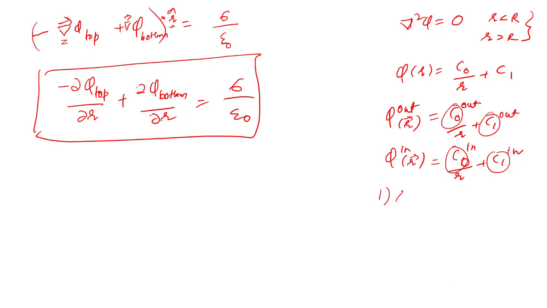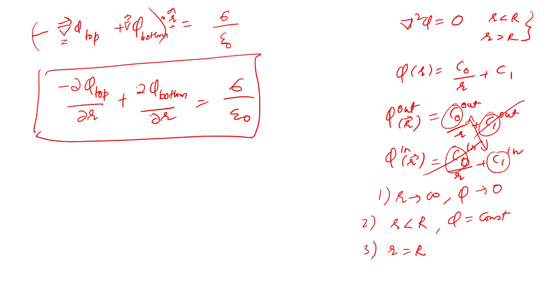So the first boundary condition we took was at r equal to infinity, phi goes to 0, and the second boundary condition was for r less than R, phi is equal to constant. And from this we ruled out 2 constants: we ruled out C1 out and we ruled out C1 in. So then we had these 2 constants left, and we correlated them by looking at r equal to R. We looked at the potential just inside and just outside the sphere, and we saw that phi is continuous.